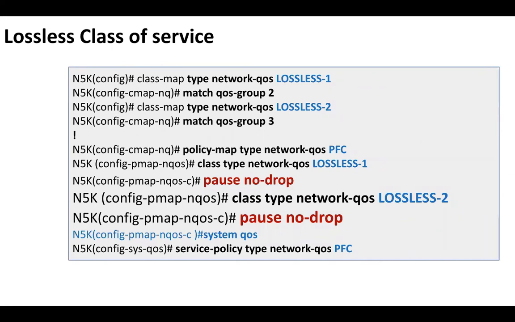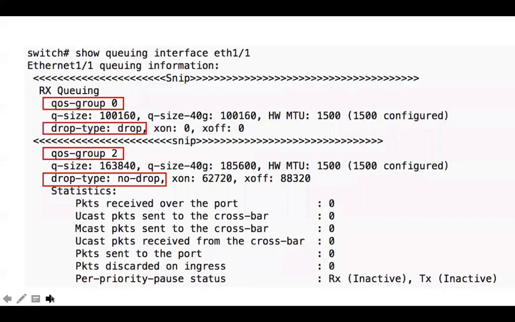It also means that traffic in these two classes will not be dropped, providing lossless service to these two classes. Okay. Please keep in mind that in NX-OS, we have an inbuilt policy for FCoE traffic, and it is defined as a no-drop class. Okay. Here, by using the show queuing command, we can see that no-drop is configured for QoS group 2.